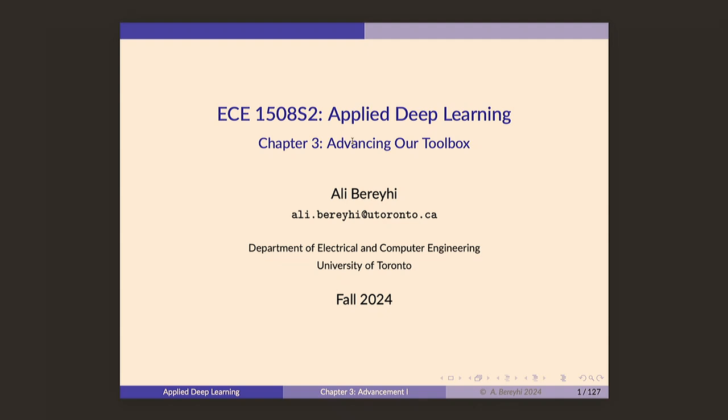So I'm going to tell you about things like overfitting, dropout, regularization, and what kinds of optimizers we have in practice and why we use them. It might have a bit of flavor of math, but I promise it's not too much math.